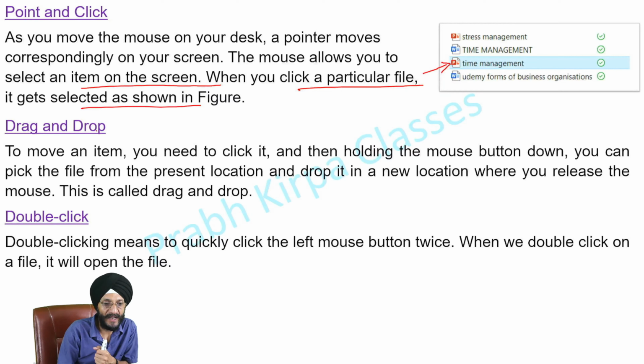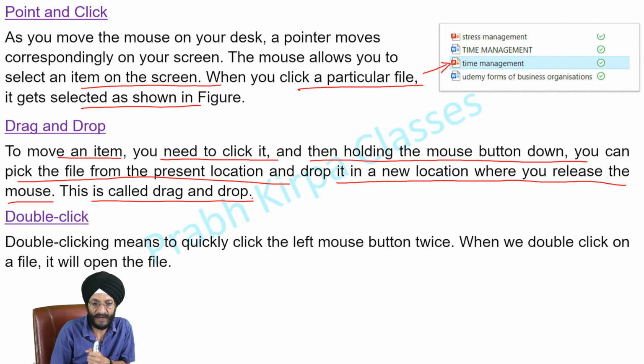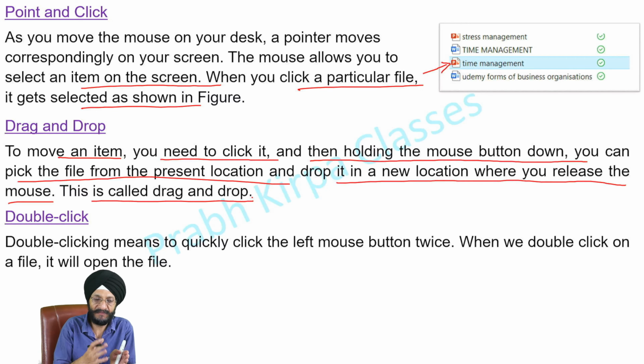Then drag and drop. To move an item, you need to click it and then, holding the mouse button down, you can pick the file from the present location and drop it to a new location when you release the mouse. This is called drag and drop. If you simply go through the writing, you will see that it is very difficult.